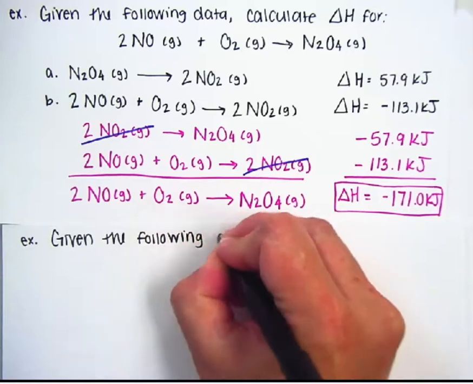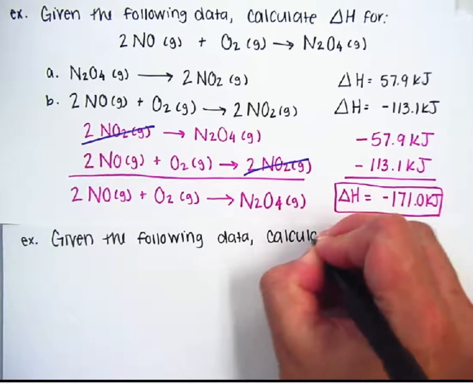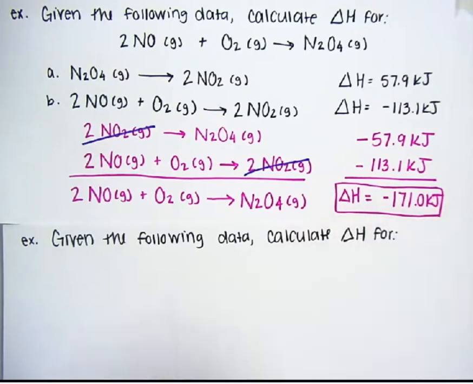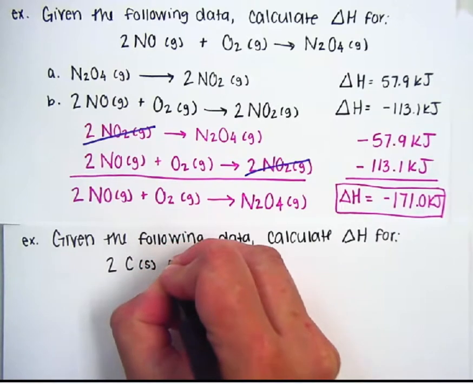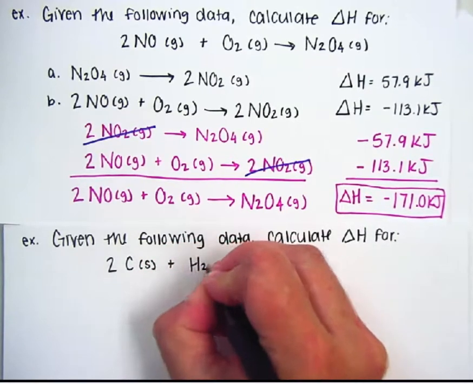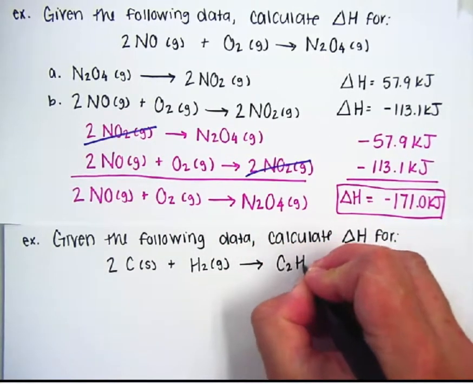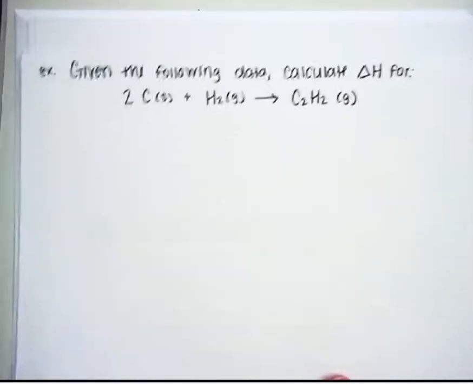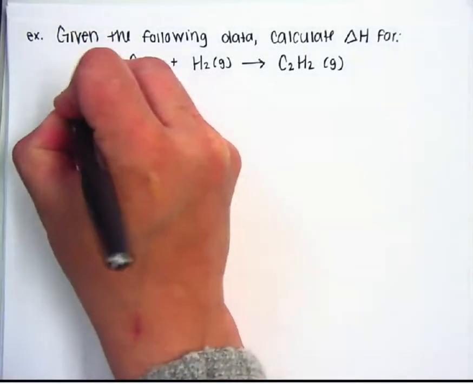Given the following data, calculate delta H for 2 moles of solid carbon plus hydrogen gas produces. All right, for this one, we're going to have 3 reactions, 3 steps. So give me a second to get all of that down.